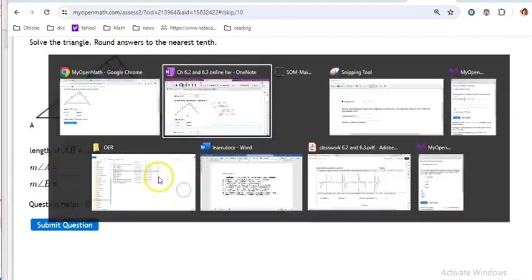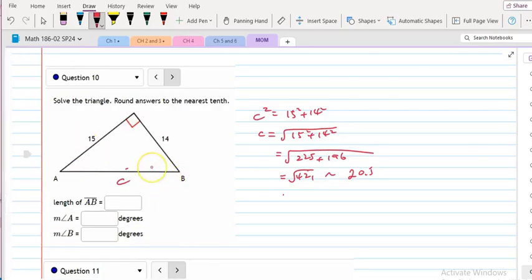20.5. And angle A is what degree? If I look at angle A, I would use these two sides. This side is adjacent to this angle, and this is opposite.